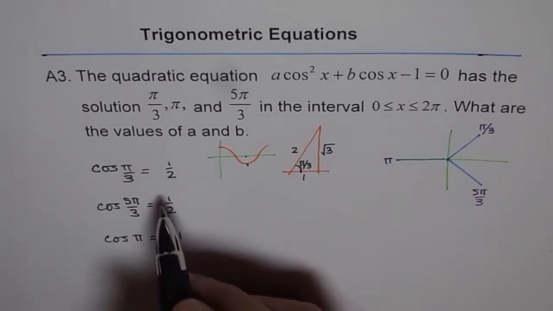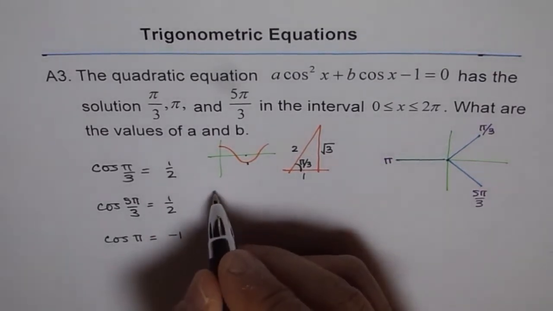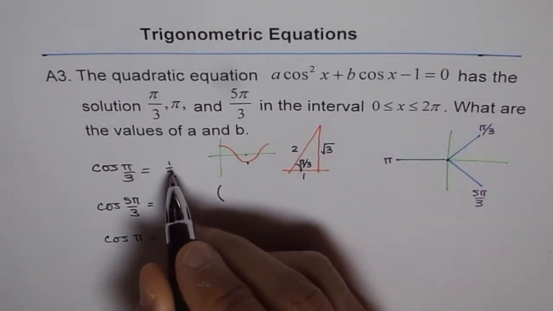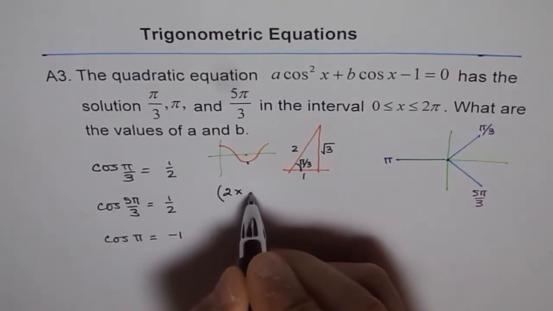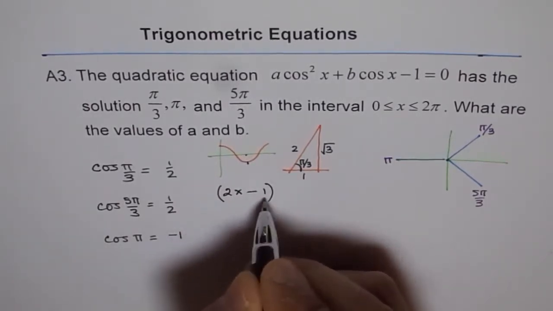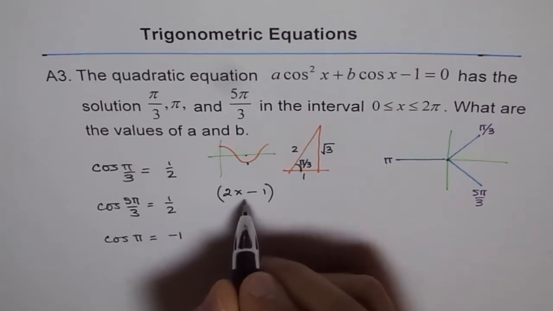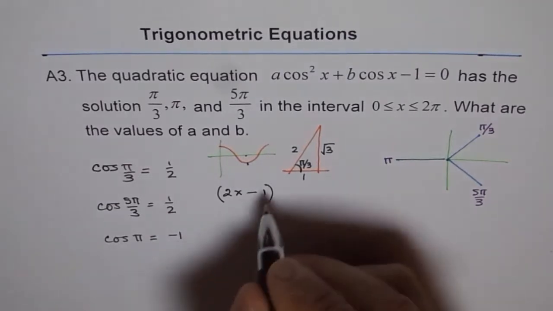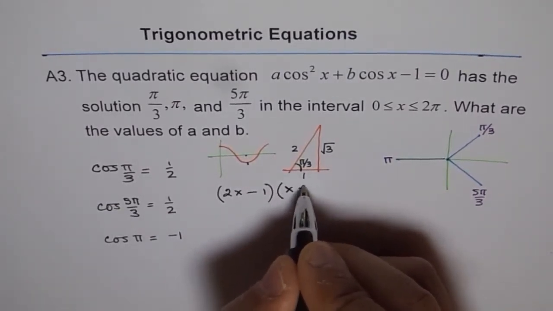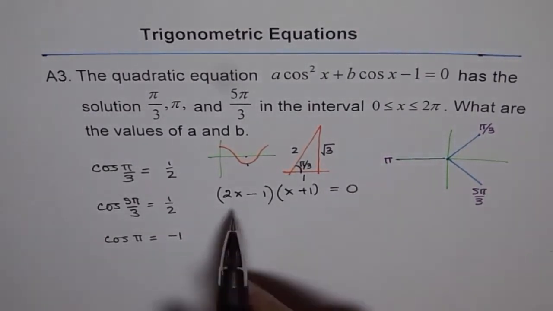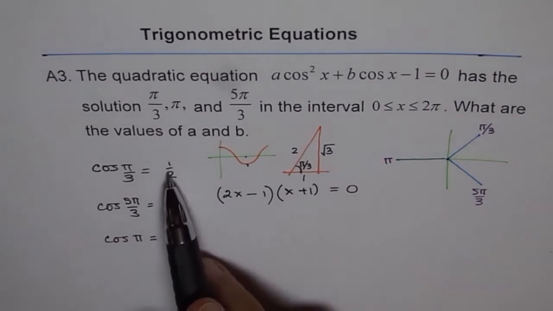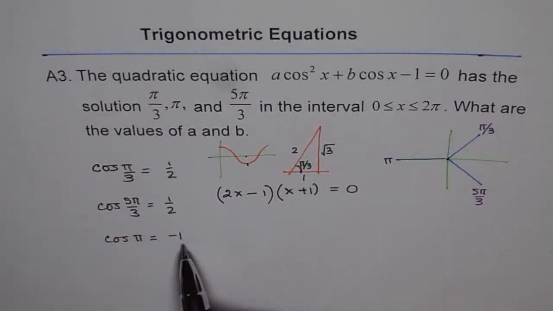So I can write down my quadratic equation. When will I get half as a zero? When my equation has 2x minus 1 as one of the factors. And for minus 1, my factor is x plus 1 equals 0. That is the quadratic equation in factored form, which is going to give me answers half and minus 1.